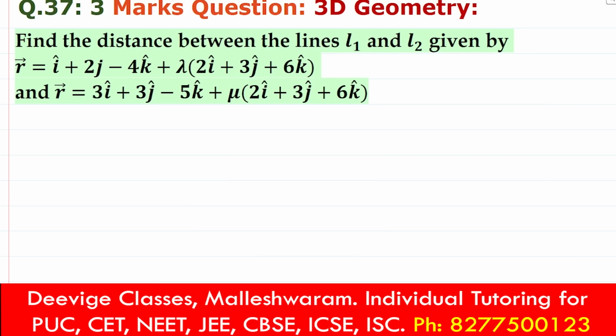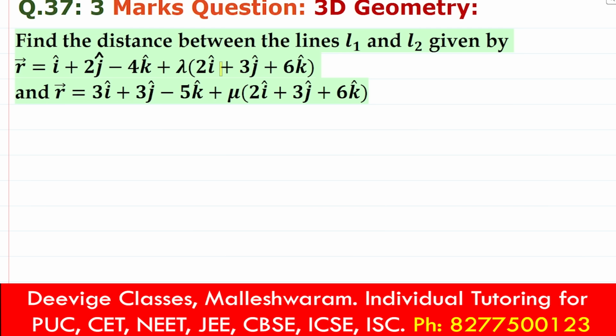Okay. Next, last problem. Find the distance between the lines L1 and L2 given by vector r equals i cap plus 2j cap minus 4k cap plus lambda into 2i cap plus 3j cap plus 6k cap, and vector r equals 3i cap plus 3j cap minus 5k cap plus mu into 2i cap plus 3j cap plus 6k cap.